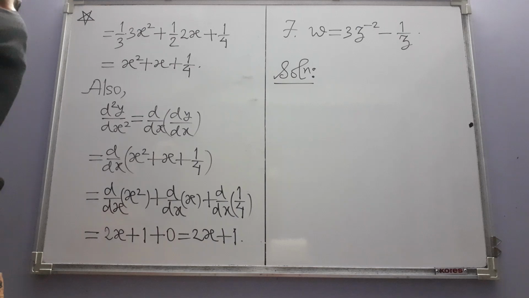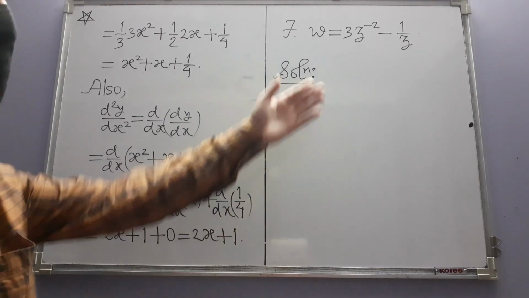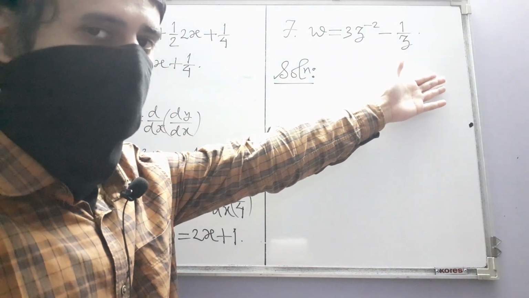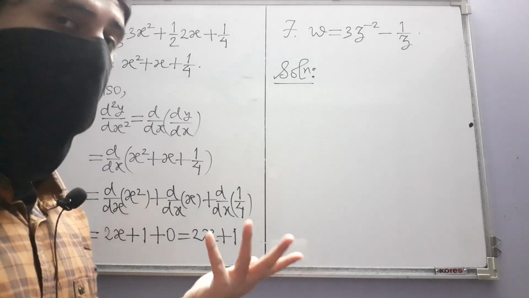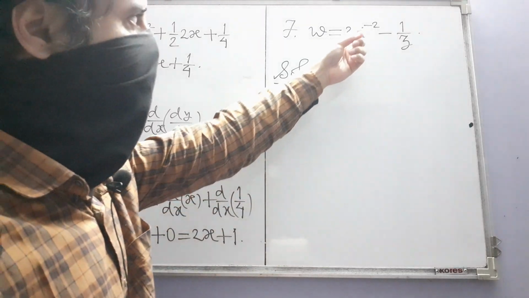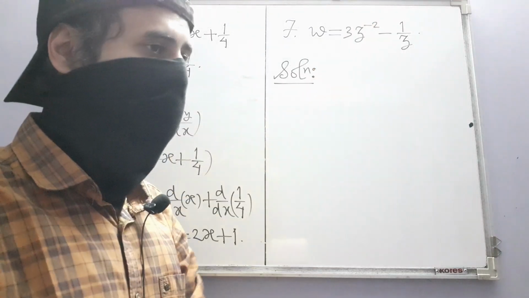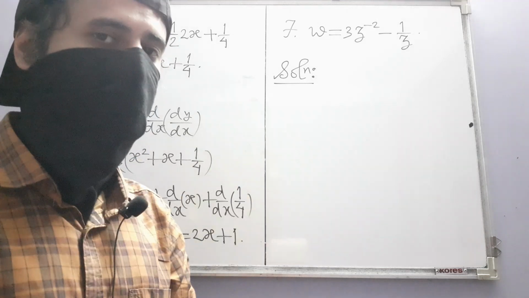But still, you can apply the difference rule, for example. That's what you have to apply first. But again, how do you know that 3z to the power minus 2 and 1 divided by z are differentiable?